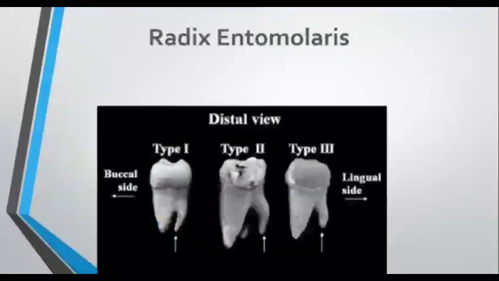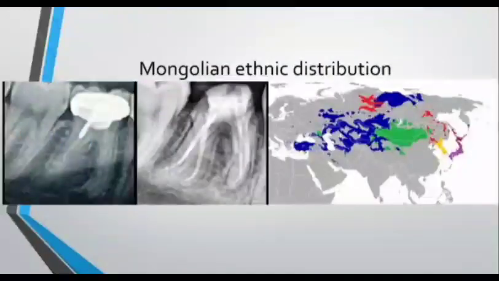Radix entomolaris is generally a shorter and more curved root than the other molar roots. It could be separated or fused to the distal root. The prevalence of the Radix entomolaris in the literature ranges between 0.6 and 30% of the population.